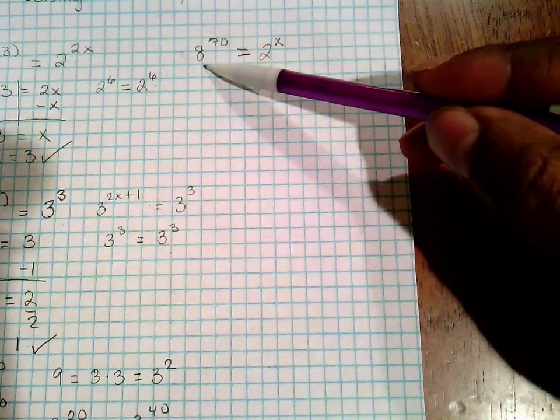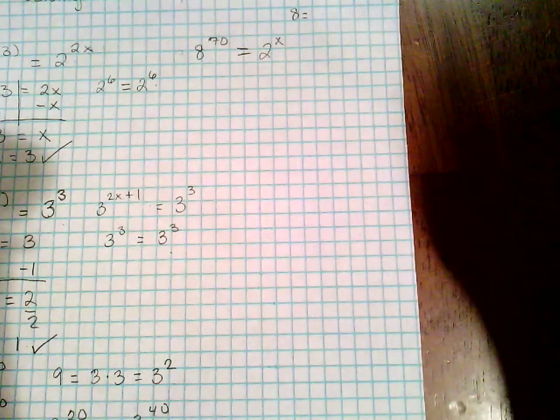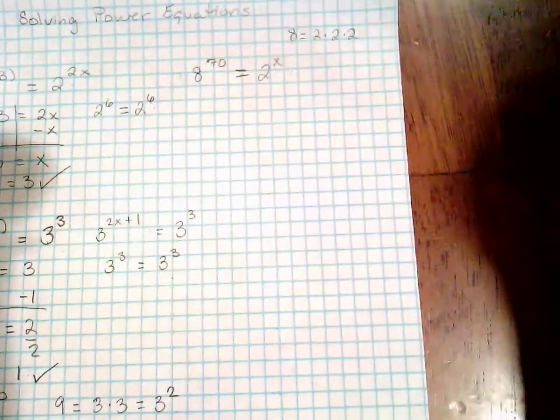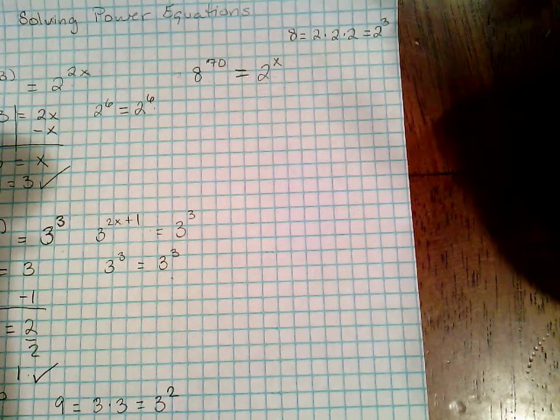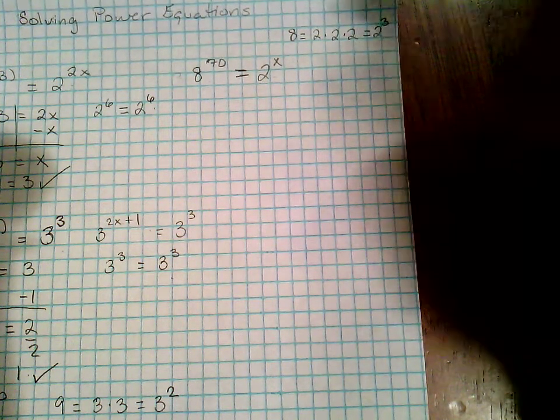But 8 can be rewritten as 2 times 2 times 2, which is also 2 to the third power. So I can replace 8 with 2 to the third power.